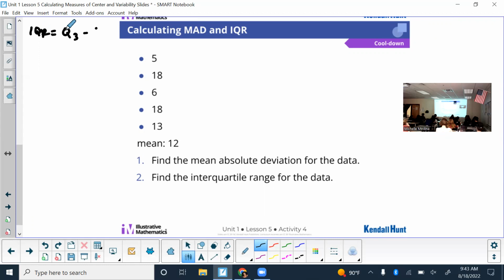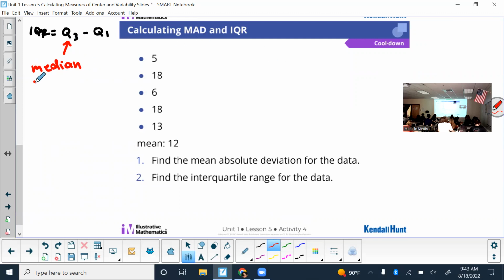It's Q3 minus Q1. And I hope that we know what Q3 and Q1 mean, because we talk about it a little bit each day and I still have blank stares. So what does the Q3 mean? The median between the median and the maximum.